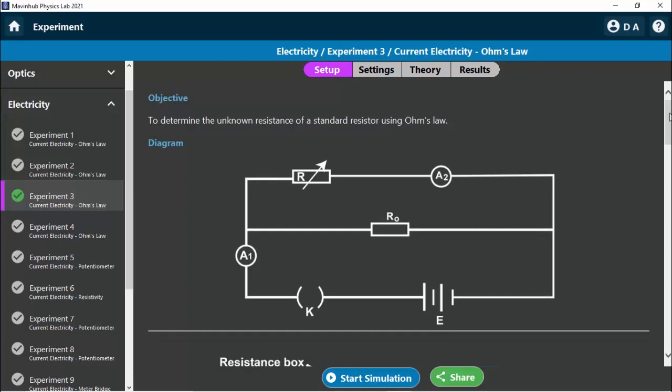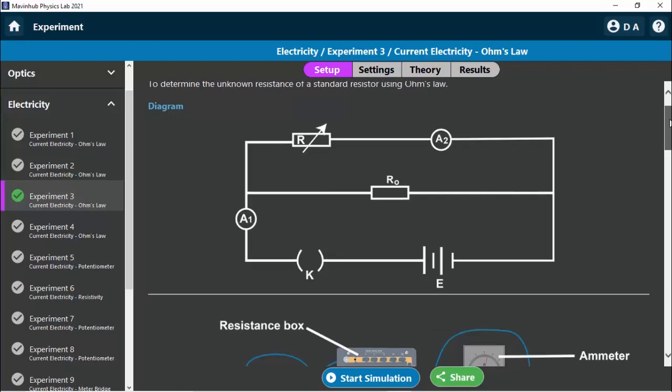So let's take a look at the experimental setup. Mind you, this may not be the exact experimental setup, but this is very similar to whatever experimental setup you will see.